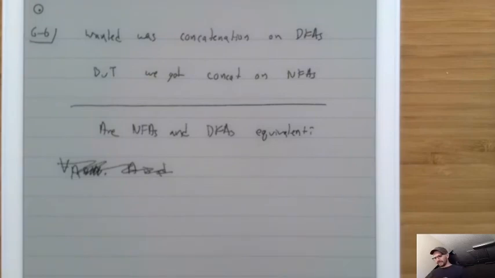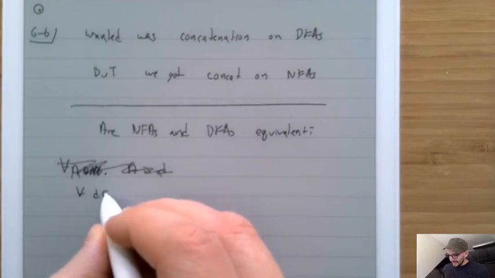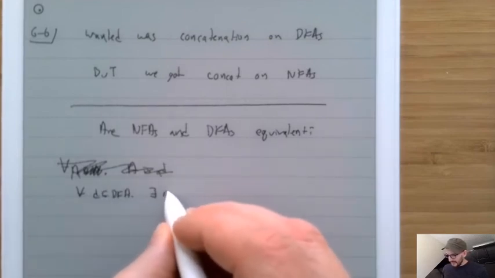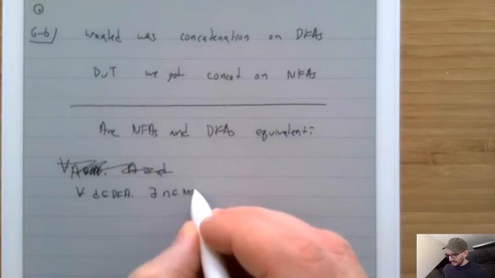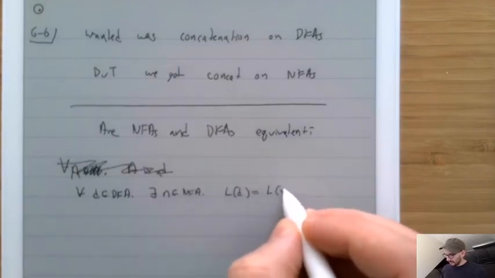Well, there are two different ways we can look at this. One is that we could define a larger category that they both are members of, or we could say something like, for all D inside of the DFAs, there exists an N inside of the NFAs where the language of D equals the language of N.